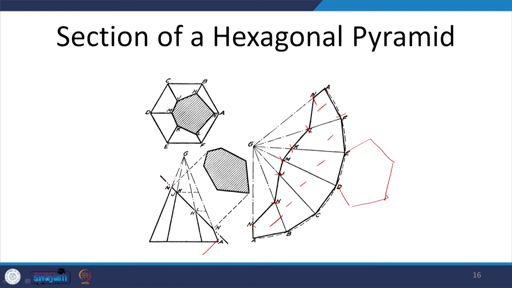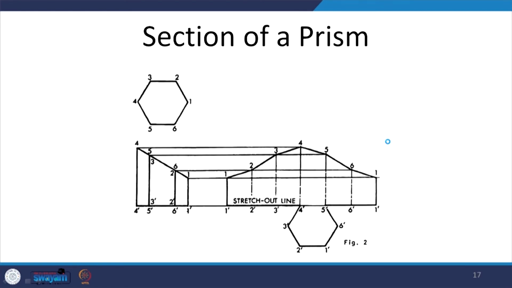Now what you have to remember, if you are making it at M, this is going to be proportionally. So this is what you will actually see, a distorted hexagon, but how and where you are placing it will determine how this true shape of the section is going to be drawn. And this is the base hexagon, which will still remain the regular hexagon. So this is the section of a hexagonal pyramid.